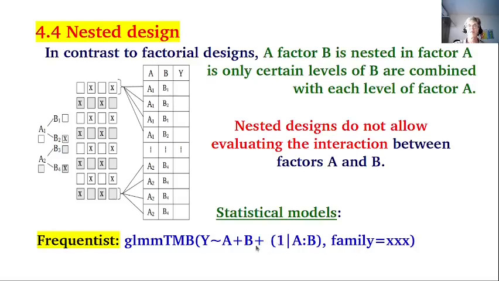And here we have these as fixed effects, and here as random effects we have one vertical bar A:B, meaning the specific interaction or combinations of levels A and B that were used for each experimental unit. And for family we use the probability distribution that was employed to model the response variable.